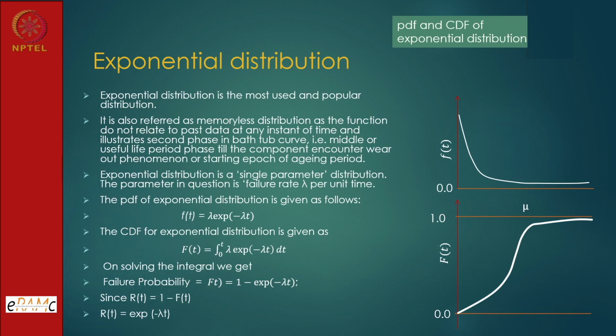Now, how is our failure density PDF characterized? f(t) is equal to, for the exponential distribution, lambda, that is the failure rate, into exponential of minus lambda t. This is the PDF of the exponential distribution. And to get F(t), the cumulative distribution function, I have to integrate it from 0 to t.